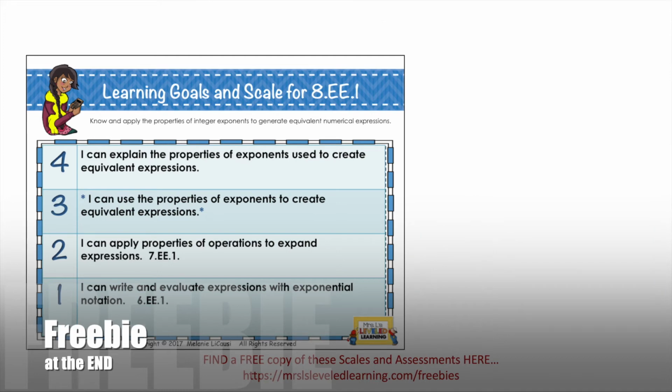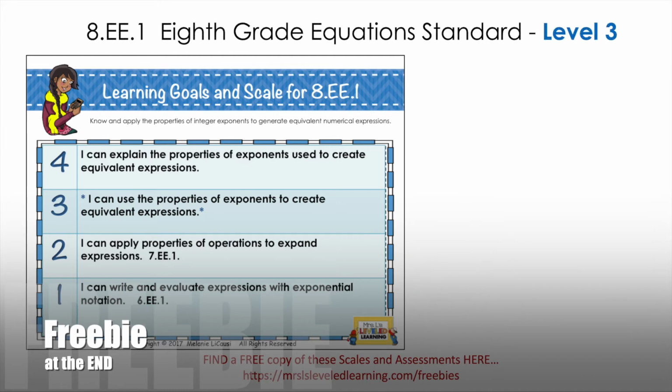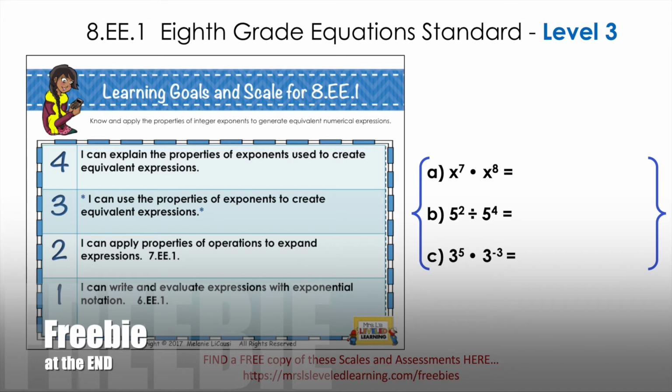This is a little simpler than what they'll be asked to do this year because at level 3, students will show that they've mastered every combination of exponents and expressions. So in this example, students are going to see variables with positive and negative exponents in expressions where they have to multiply and divide.